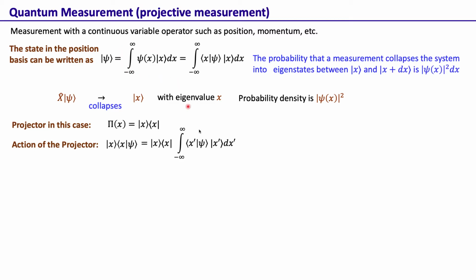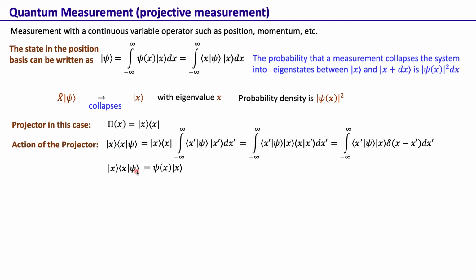We write ψ in this manner, then we bring this ⟨x| inside, and this gives us a delta function, δ(x − x′), and so this projector acting on ψ essentially gives us this |x⟩. Of course, we need to normalize it with respect to this ψ(x). So the |x⟩⟨x| projector acting on ψ gives us this eigenstate |x⟩. So that's what this projector actually means.